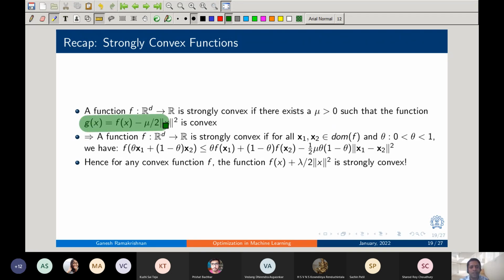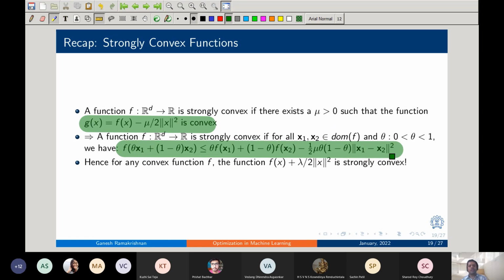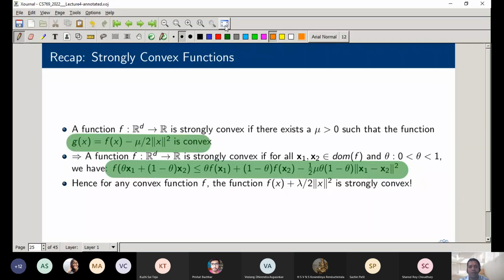Instead of saying this being convex, you can say that f itself must satisfy this condition. All I've done is add this quadratic component towards the end. Okay. So this is that quadratic gap.